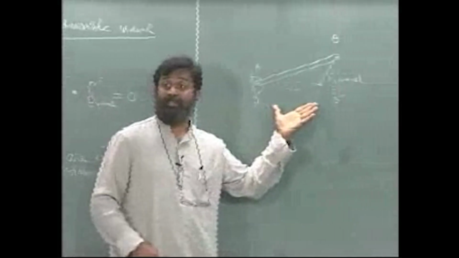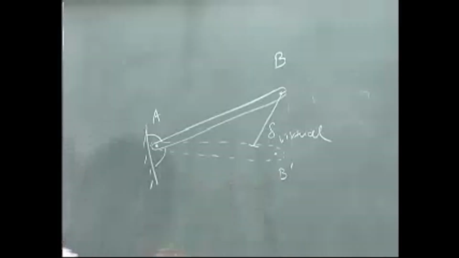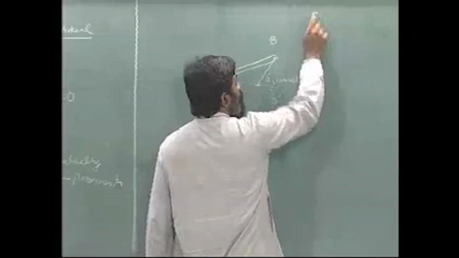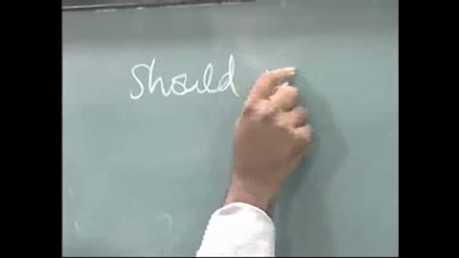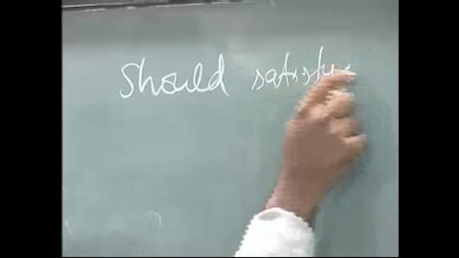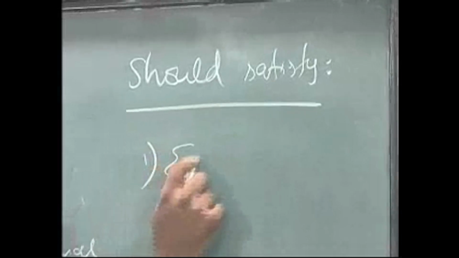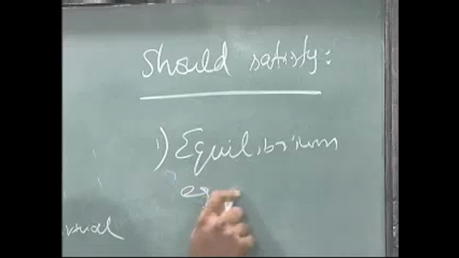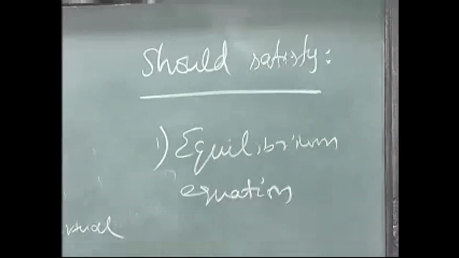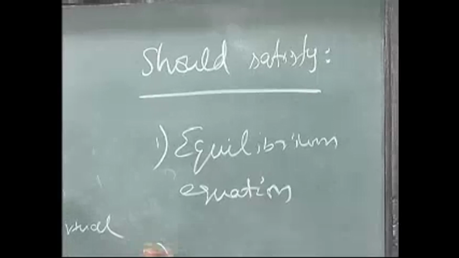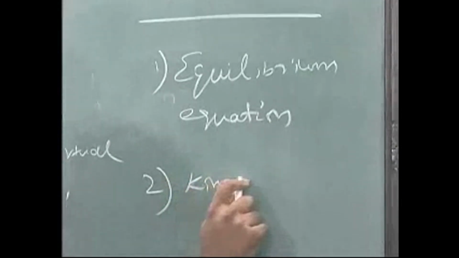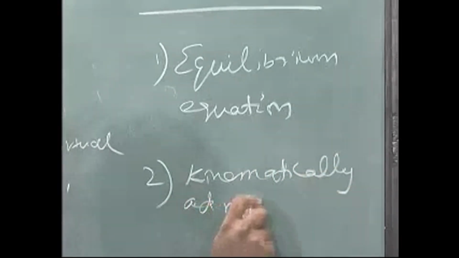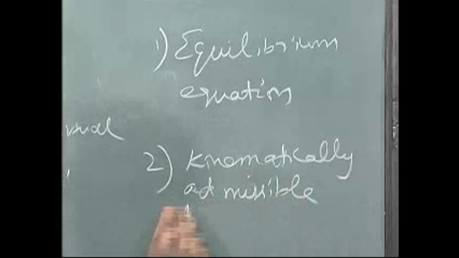Now we have to make sure that this criterion is satisfied apart from the equilibrium equations. So for any rigid body that we are looking at, it should satisfy, number 1, equilibrium equations. The other is what we call kinematically admissible displacements.